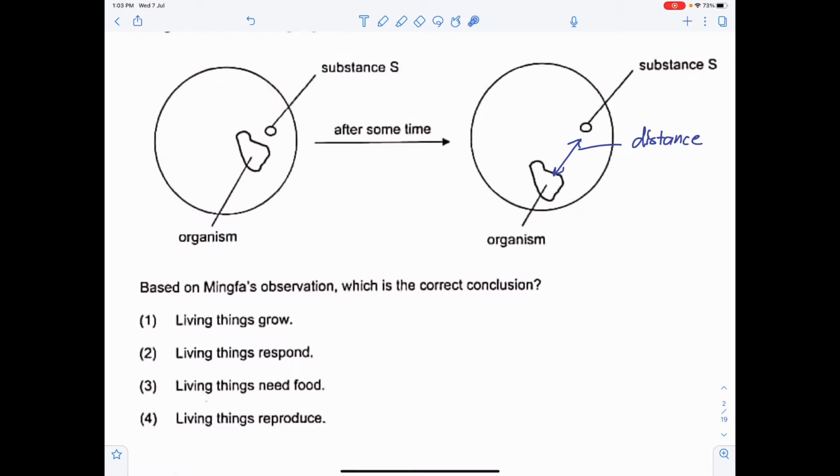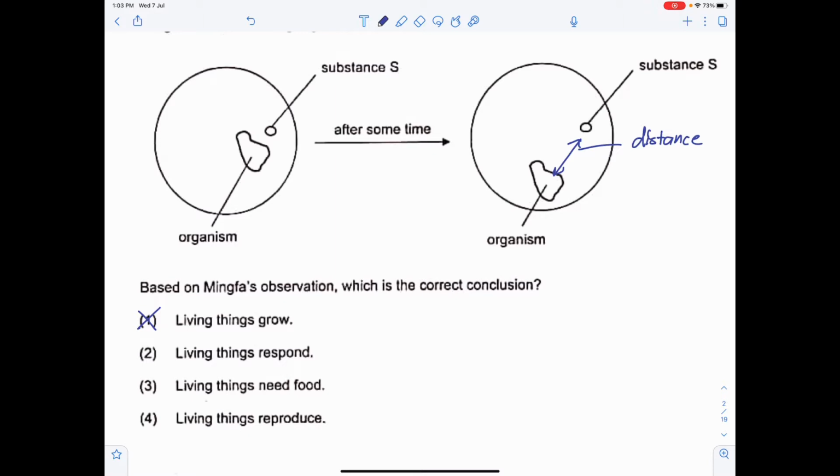Living things grow. Did they actually show you that your organism became bigger? In this case, the answer is no, so therefore wrong. Living things respond, possibly because it moved away. But wait, remember, we always need to check and eliminate this part one by one to make sure that it's correct and that the rest are wrong.